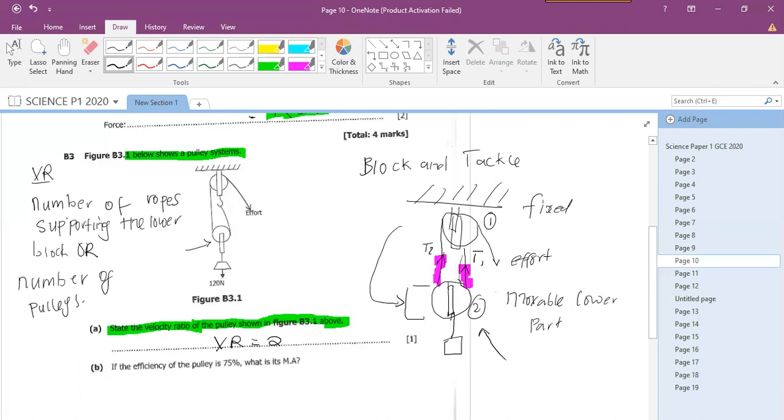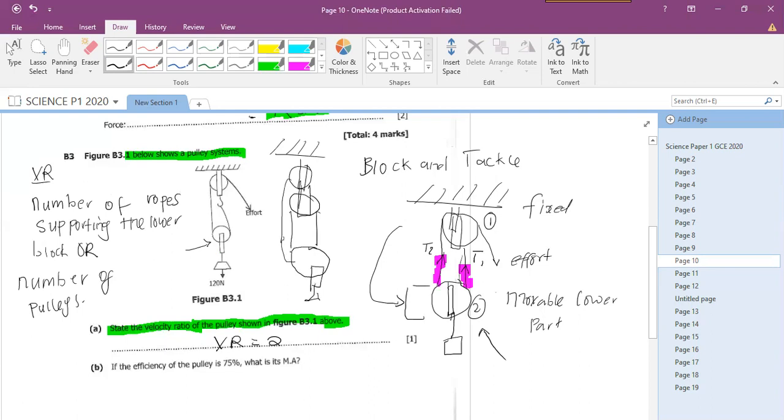So the velocity ratio is the number of ropes supporting the lower block, or you can just simply count the number of pulleys. So at times, maybe this year, they might actually give you a 3-pulley system. So they might actually extend this. So this would be the upper block, and they'll put some ropes there and attach it to a lower pulley that's attached to a load.